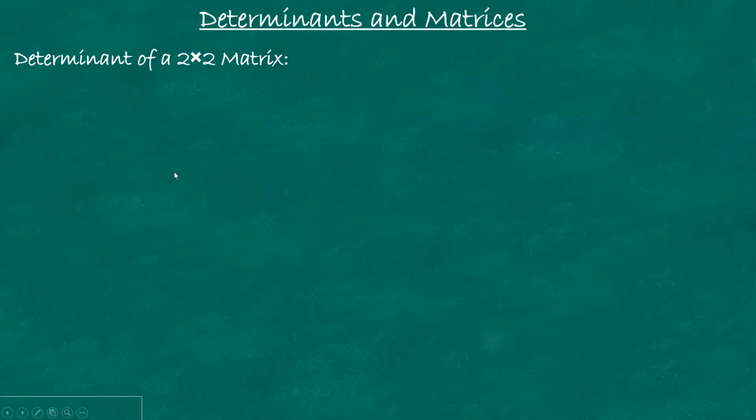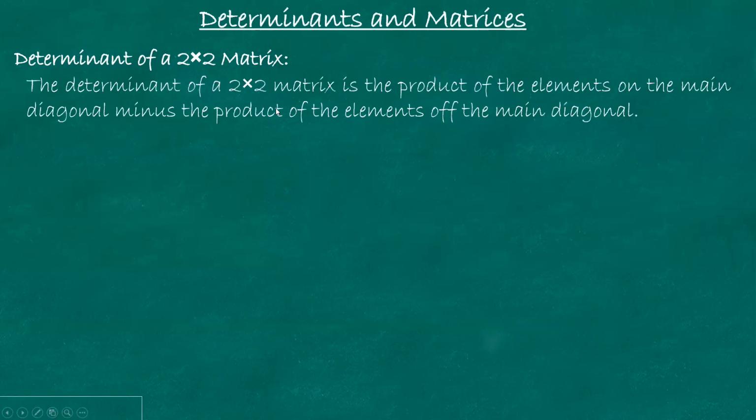So, let us start with a 2 by 2 matrix. The determinant of a 2 by 2 matrix is the product of the elements on the main diagonal minus the product of the elements of the other diagonal. So, for example, in a 2 by 2, the main diagonal is this, and the other diagonal is this one.